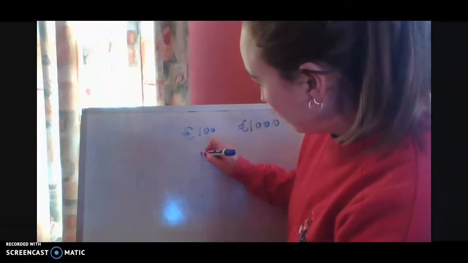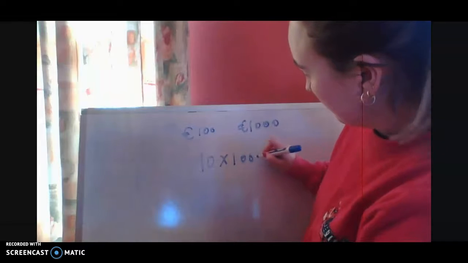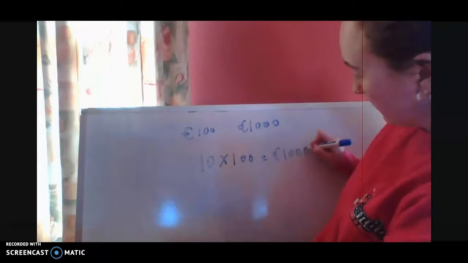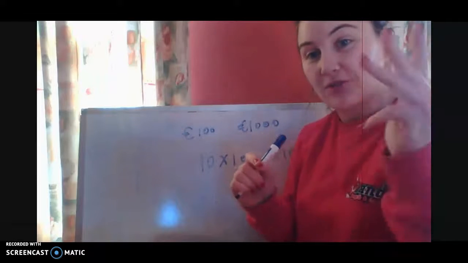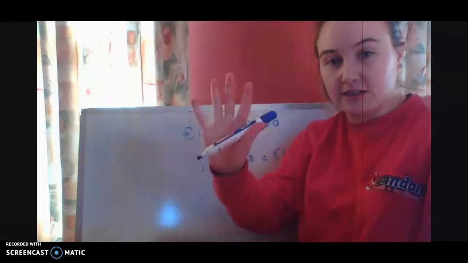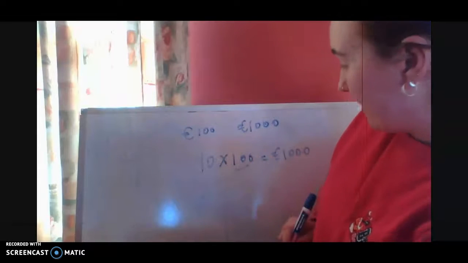So I know 10 100s make 1,000, because 100, 200, 300, 400, 500, 600, 700, 800, 900, 1,000. So 10 100s make 1,000.